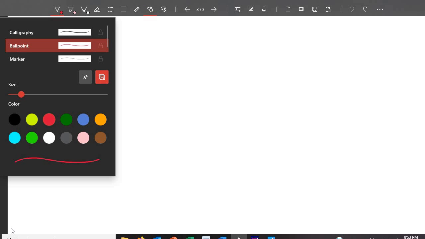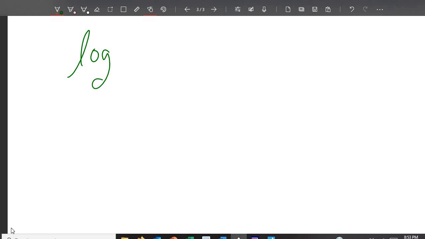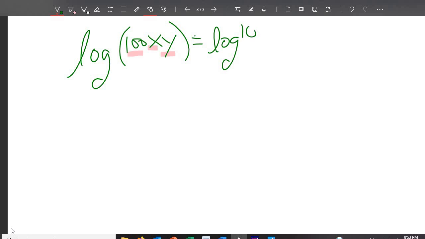Suppose I had, let's do log of 100xy. Now, notice there are three pieces. That means I'm going to have three logarithms. I'll take the log of the 100, put a plus sign, take the log of the x, put a plus sign, and put the log of the y. Now, because this is a number, we have to try to simplify that.